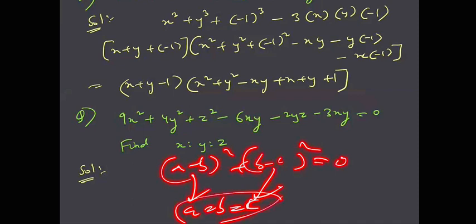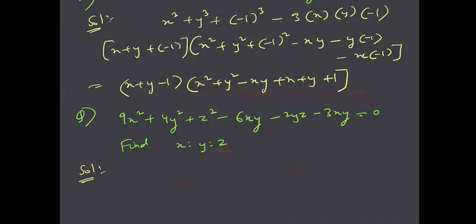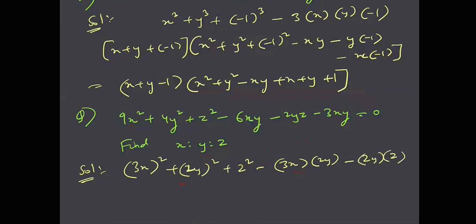So if I see this, then I get the idea that I can write this as 3x whole square plus 2y whole square plus z square. Minus 6xy is nothing but 3x into 2y, and minus 2yz is nothing but 2y into z, and minus 3xz is nothing but 3x into z. Okay, sorry, there is a slight mistake, so instead of 3xy, you make it 3xz.